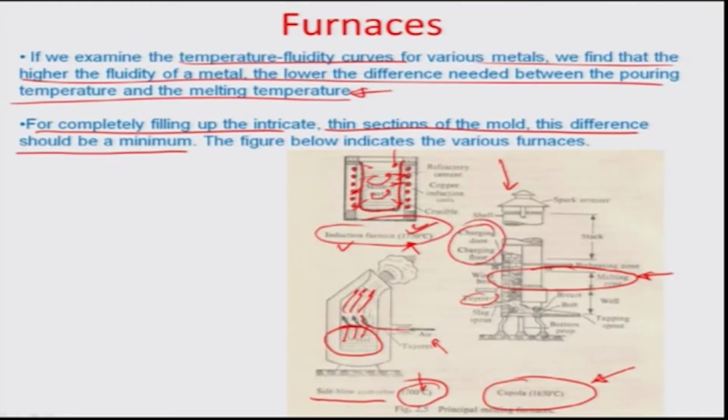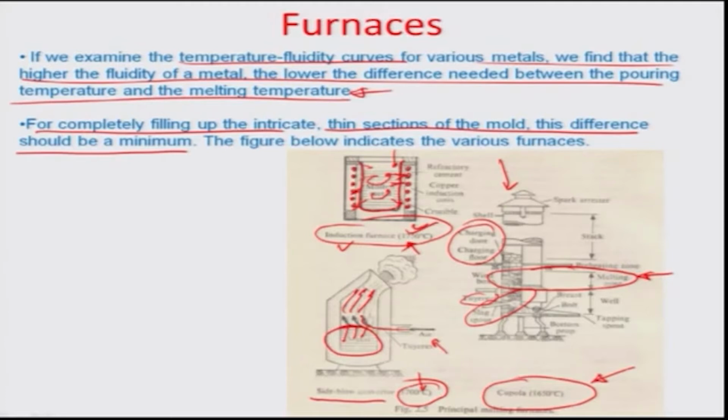So, you have a charging door through which the main charge flows into the cupola furnace, and there is a slagging spout here which helps you to clean the metal slag. So, that is how furnaces are designed.